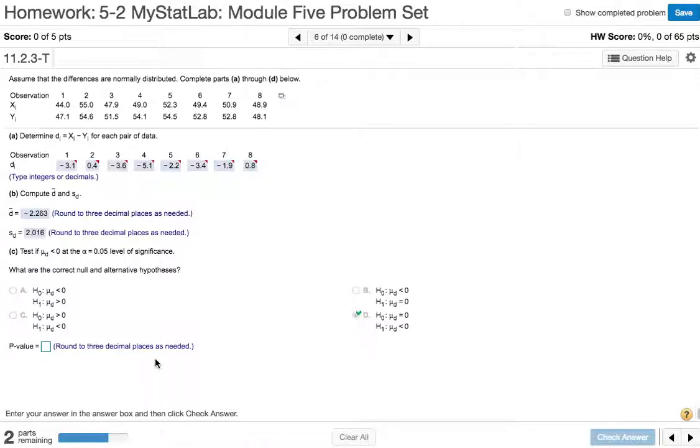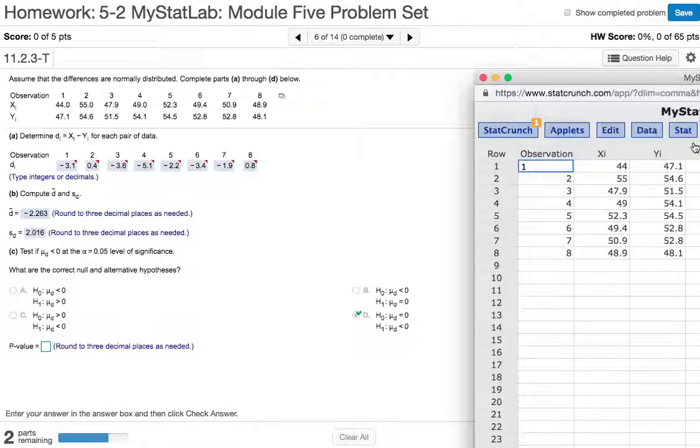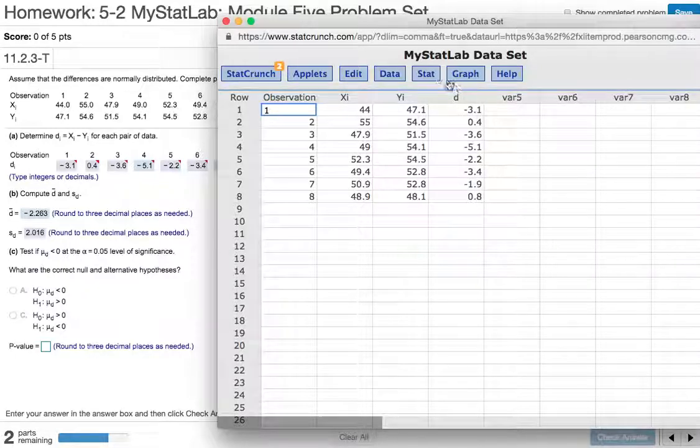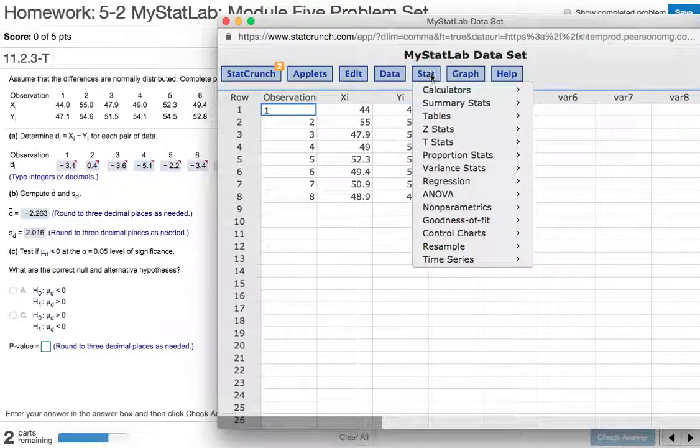Now to calculate the p-value, I recommend let's do that in StatCrunch. Definitely, I don't recommend that you do it outside of StatCrunch. So stat, and then we want to look at t-stats because we're talking about mu, so we definitely want to look at it as a t-statistic, and then we're going to go with paired. And paired because we're looking at the differences individually, so these two are matched up, these two are matched up, and so on and so forth.